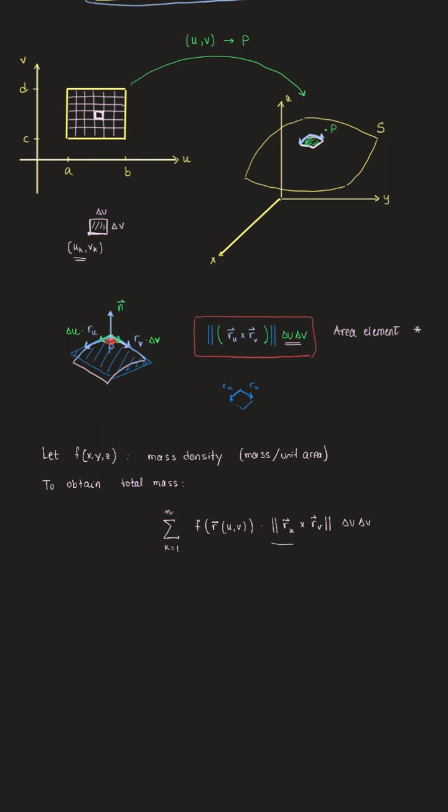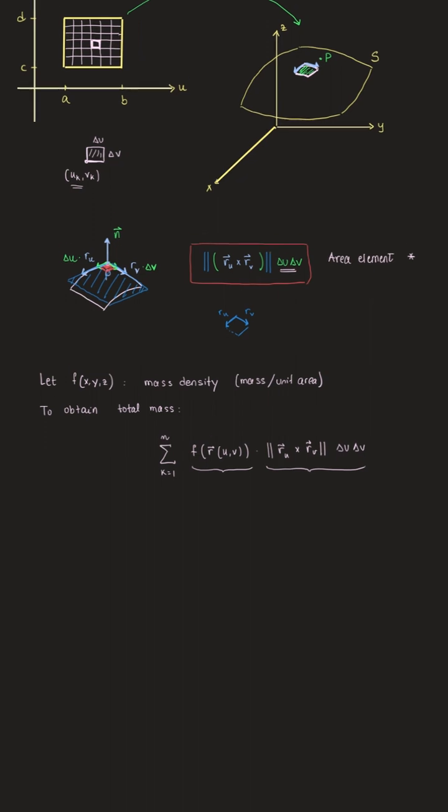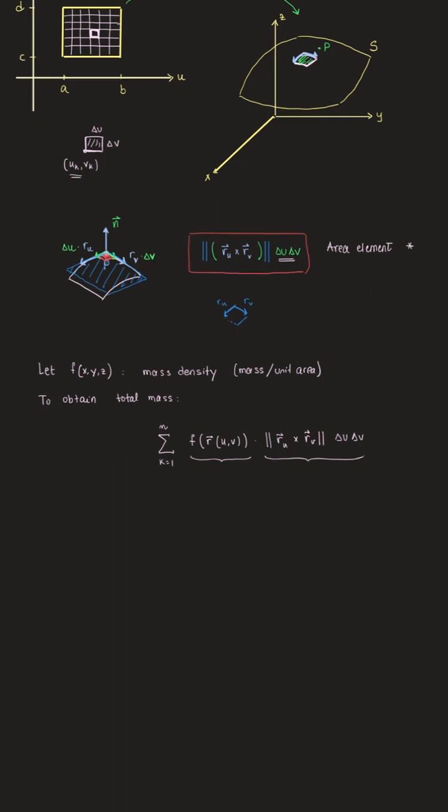This gives me an approximation, because it's the area of a very tiny parallelogram, and I'm evaluating the mass density function over that area. When we do this product and add them up, we have an approximation to the total mass of the surface. We don't want just an approximation.